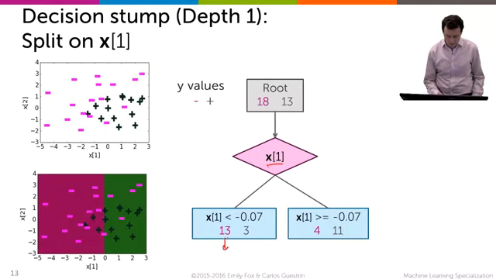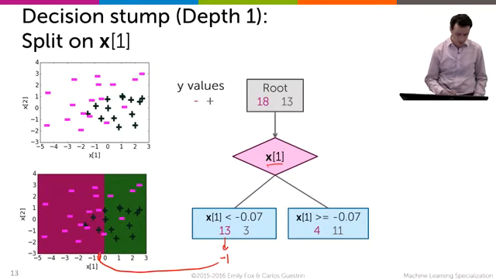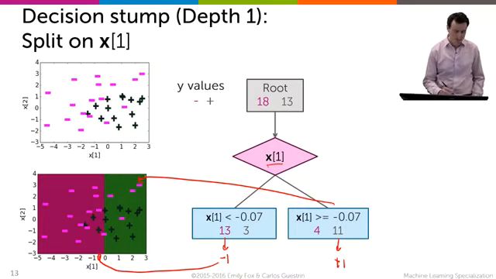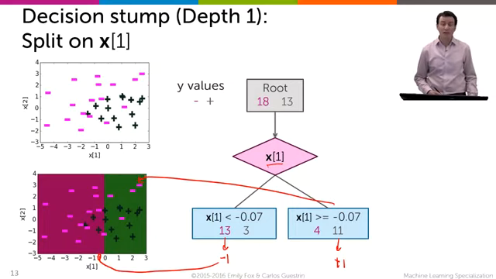If it's less than, we're going to predict -1, and that will correspond to this side of the decision boundary. But if it's greater than -0.07, we're going to predict +1, and we're going to be falling to the right side of that decision boundary.